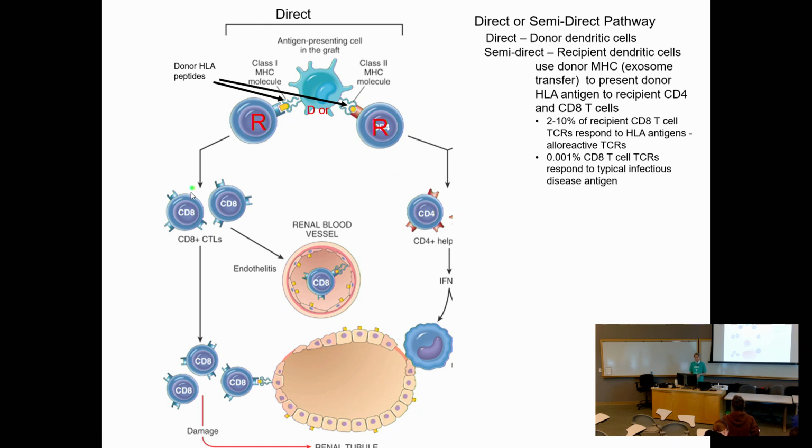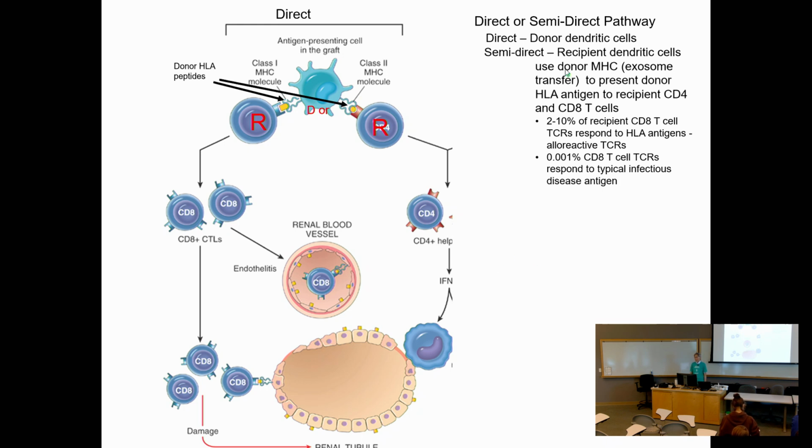So you can get recipient CD8 cells to become cytotoxic, and then they can come in and attack the recipient kidney, or you get CD4 help cells and make interferon, kick off macrophage activation. So the T cell response, final cellular rejection is a type 4 rejection, macrophages and cytotoxic T cells, and so on.